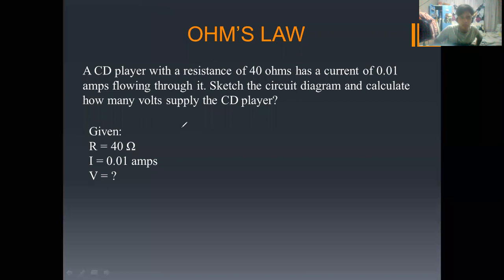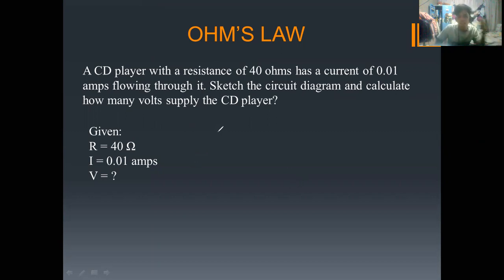So, dito, sabi, a CD player with a resistance of 40 ohms has a current of 0.01 amperes flowing through it. Sketch the circuit diagram and calculate how many volts supply the CD player.